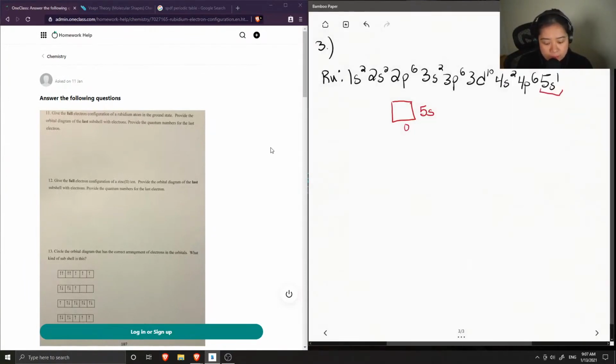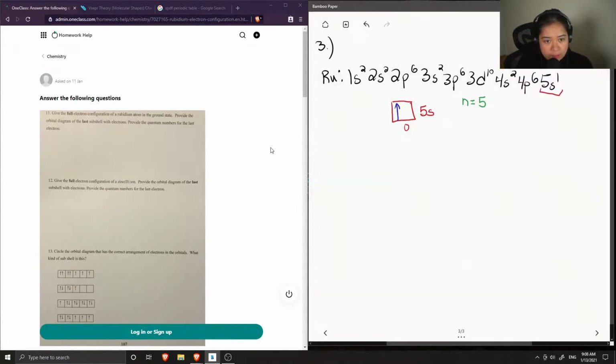And there's only one electron, so I'm just going to draw a single electron pointing up. And now we just need to provide the quantum numbers for this last electron.